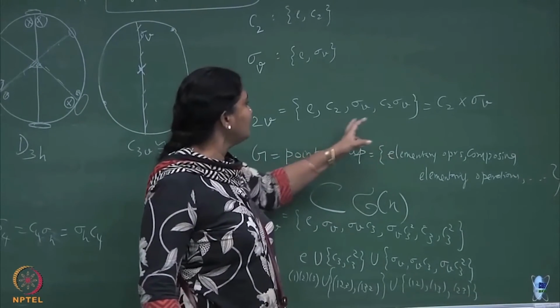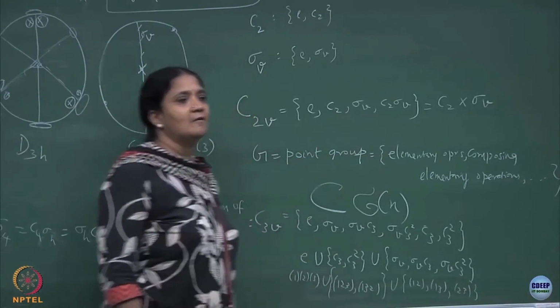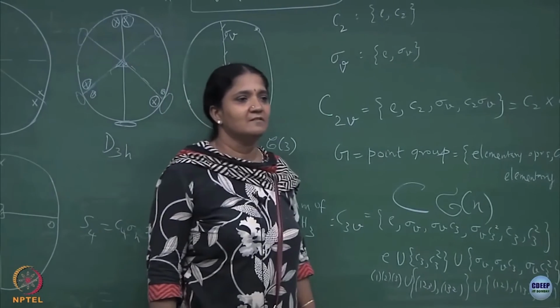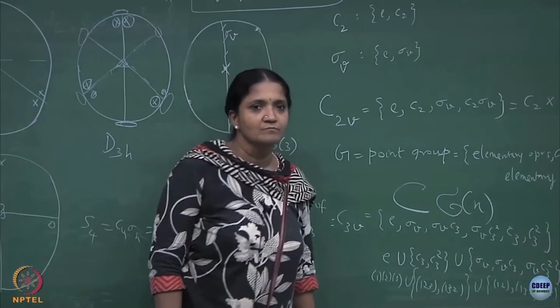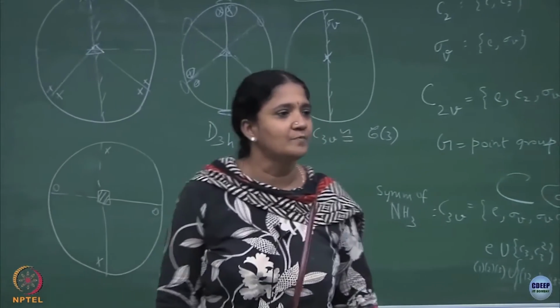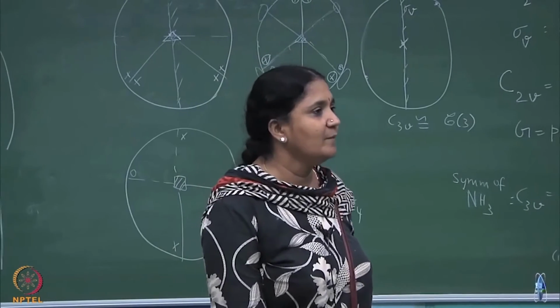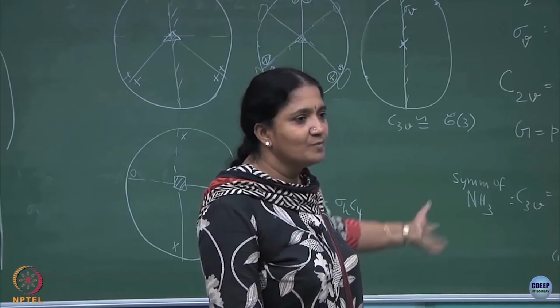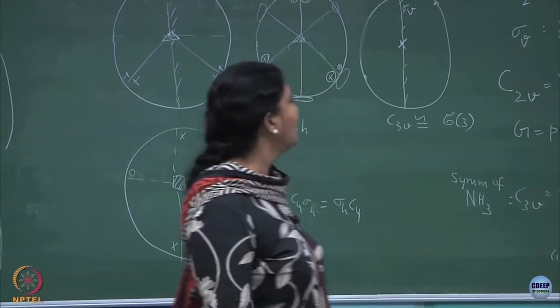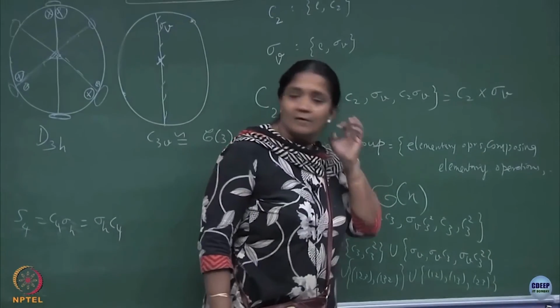So, how many conjugacy classes are there in C2V? It is an abelian group. Every element is a class by itself, right. Once it is an abelian group, similarity transformation does nothing. So, the order of the group itself will be the number of classes.